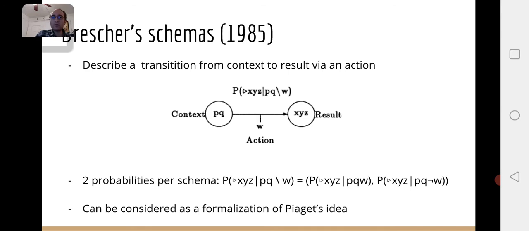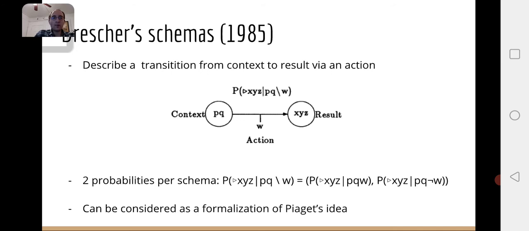So there is some context. In this picture we see PQ is the context. And under the context PQ, the result XYZ will result when the action W is executed. However, this relationship is not true or false.